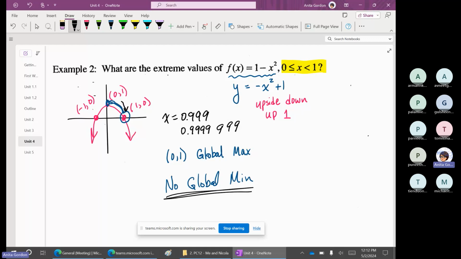And whatever number I find, I can always find a smaller number. Because I can get infinitely close to 1, there's no limit.